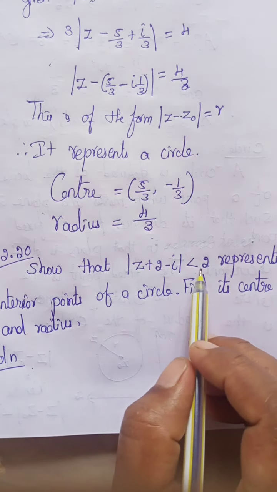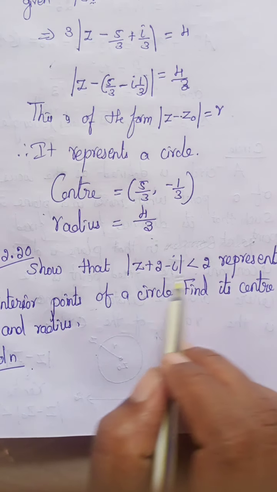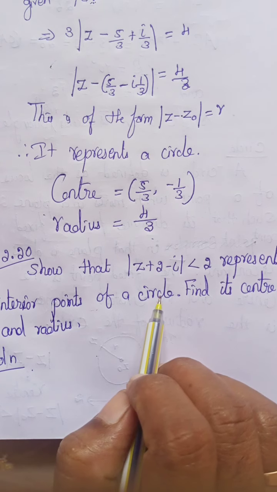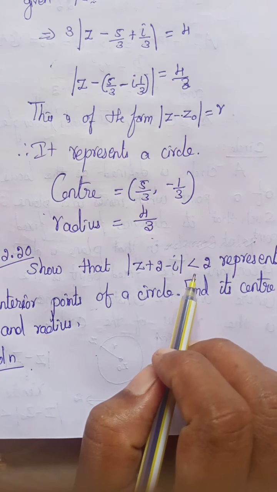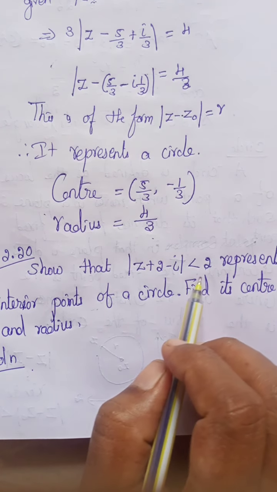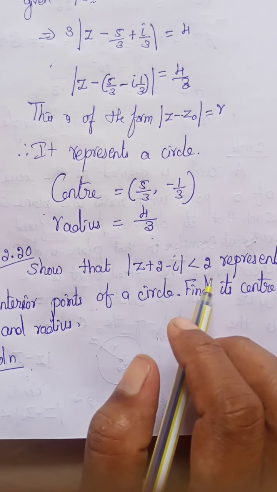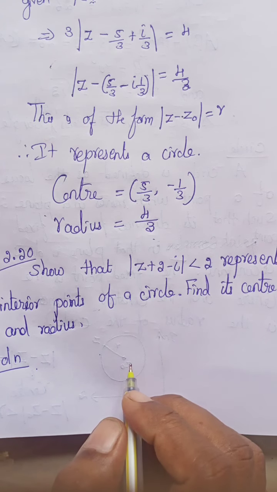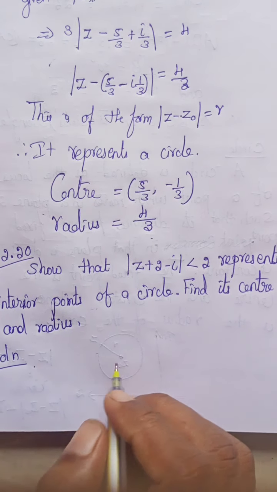If the radius is 2, then we can say all the points are interior points of a circle. If it is less than that 2, then we cannot say that answer. So first we will find out whether it is a circle and what is the radius.